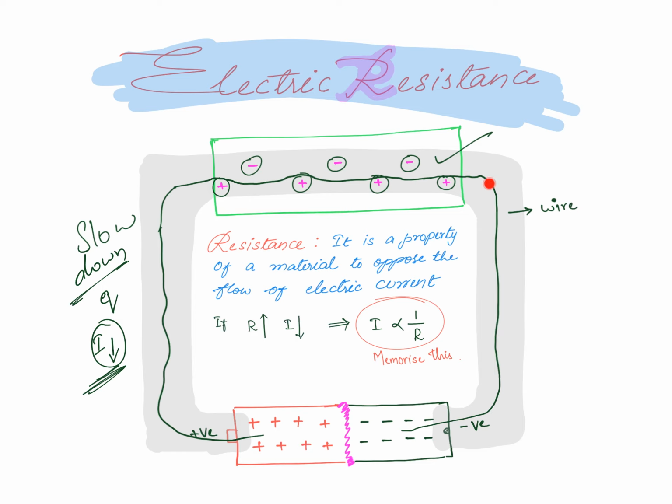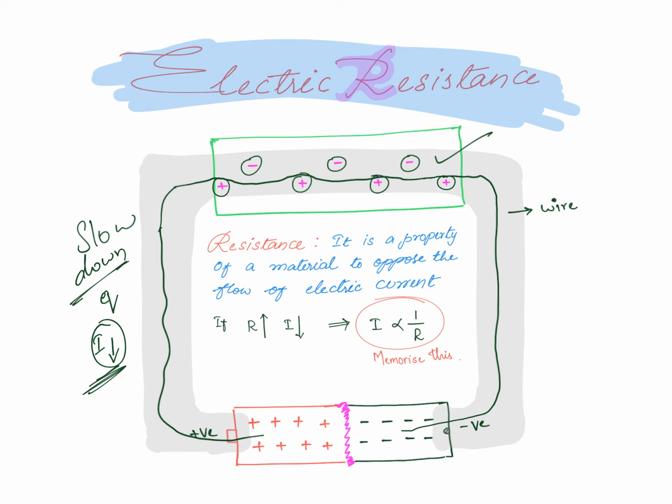During this process, they need to pass through the protons and electrons of the wire. While passing, they may hit the particles of the wire, thus causing the flow of electrons to slow down, right? In short, the slowdown of the flow of electric current is due to the wire, isn't it?